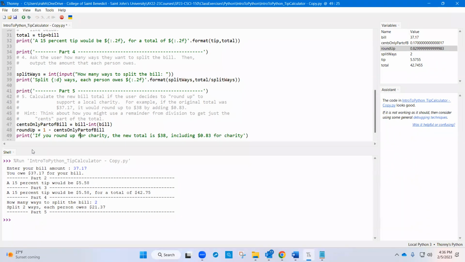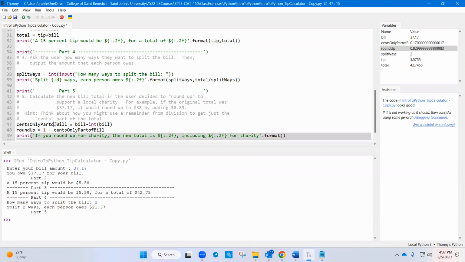So if you round up for charity, the new total would be over here. We're going to have 0.2f again, and that would be the new total. And then this would be the actual roundup value, 0.2f, dot format.